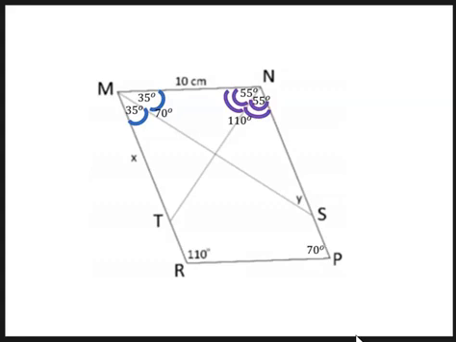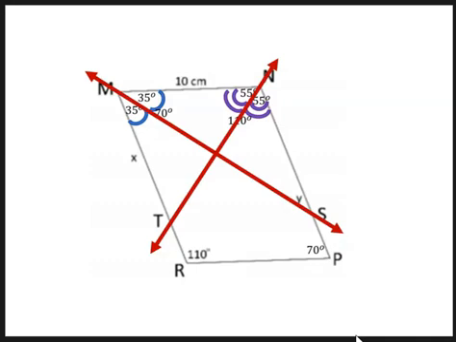Both NT and MS are transversals to parallel sides MR and NP. So alternate interior angles PNT and MTN are congruent. So angle MTN is 55 degrees.